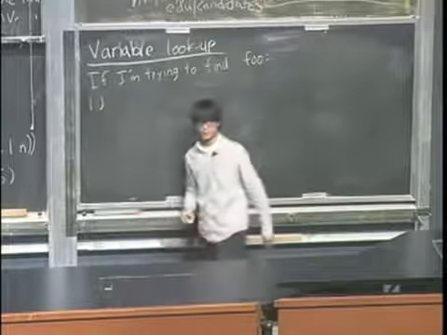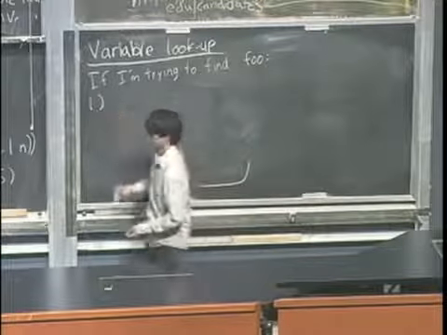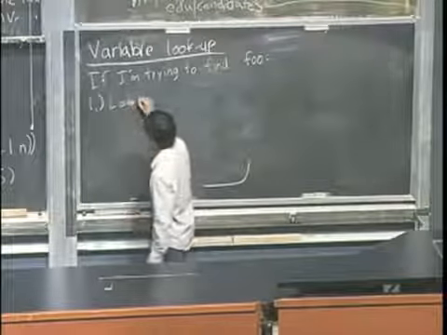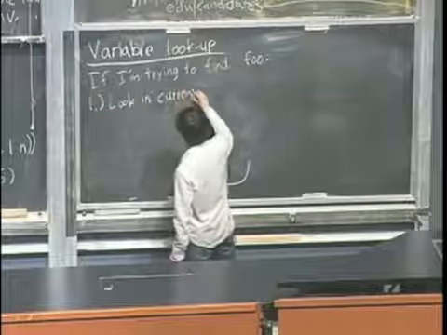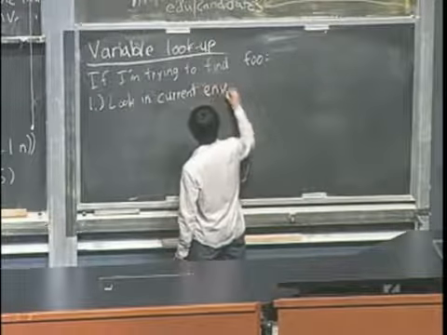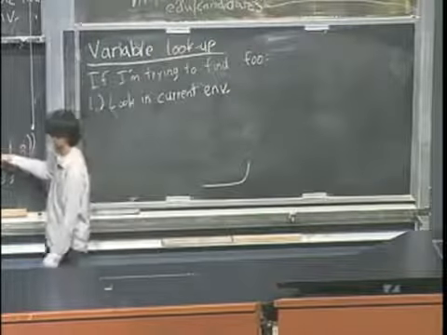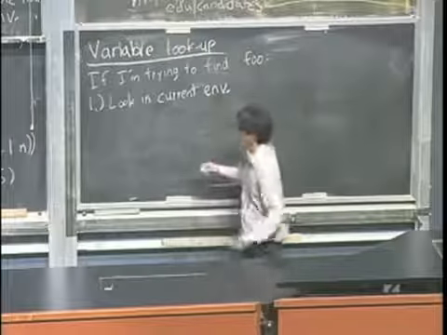Okay, so if I'm trying to look up the value of variable foo, the first thing I do is look in my current environment. If I find it, like here, trivially, n is already in the environment, great, I can return it and I'm done.